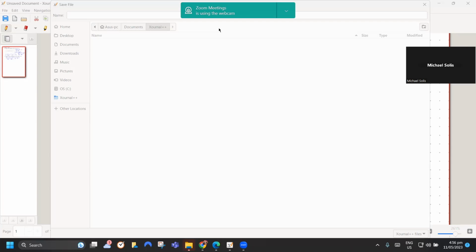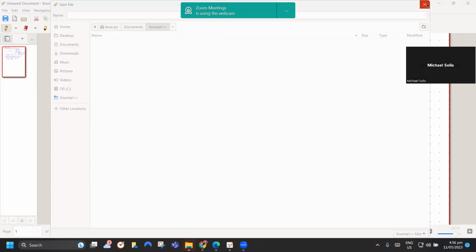May cancel ba dyan? Sige, pag in-next mo yan, dapat yung window lang ng save file.